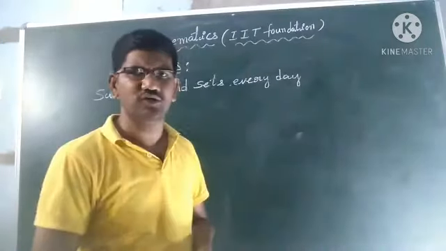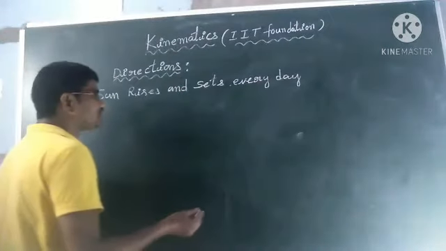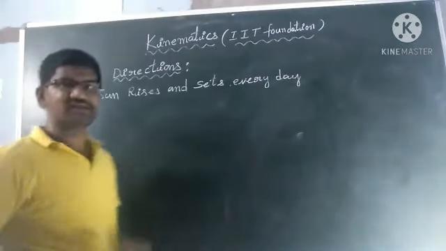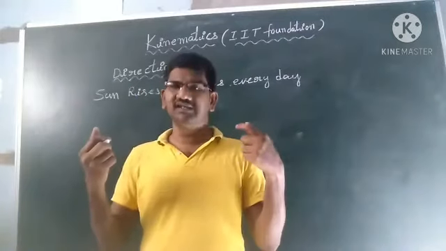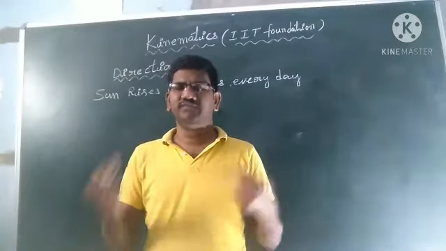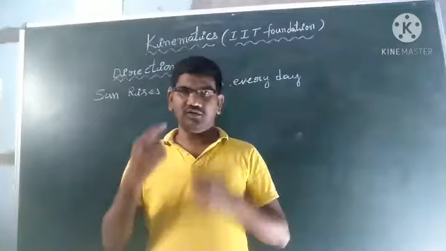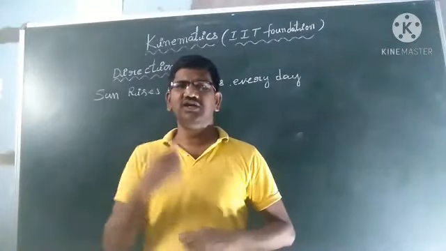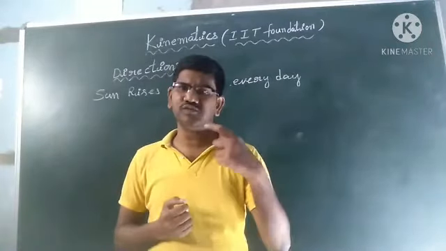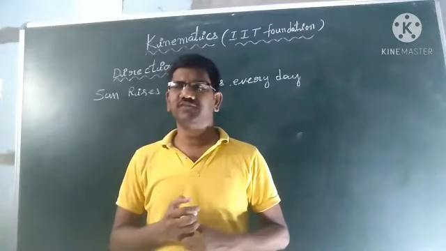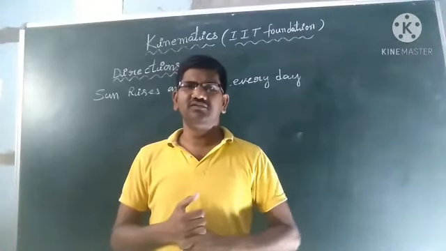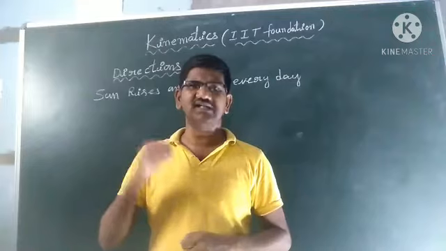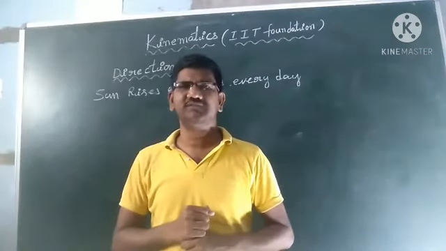I am representing those directions here. You see, children, if I stand facing the rise of the sun, the direction in which the sun is rising is taken as the east, and the direction in which the sun is setting is taken as the west.